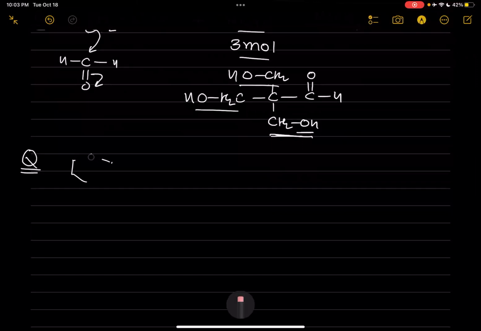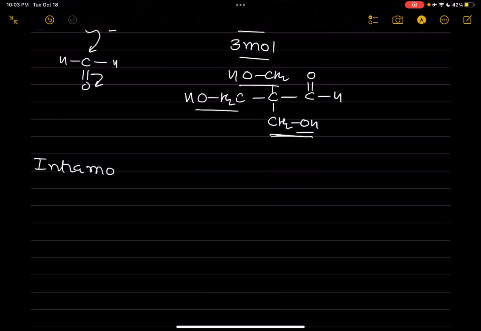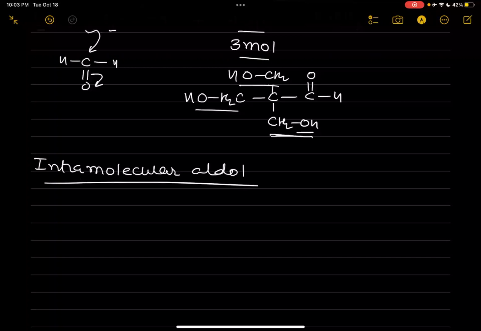And what is intramolecular aldol? It is also the same, but the name is slightly different.